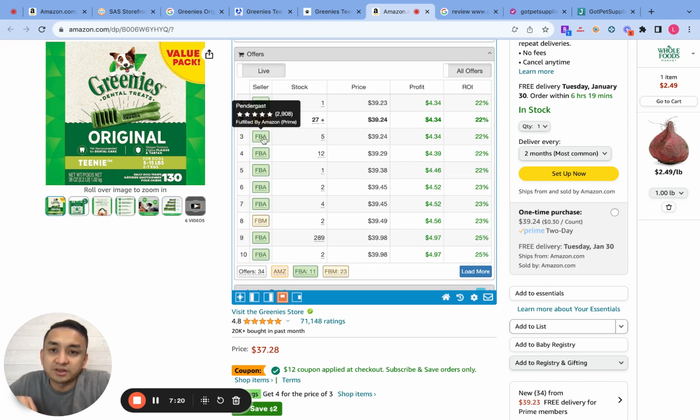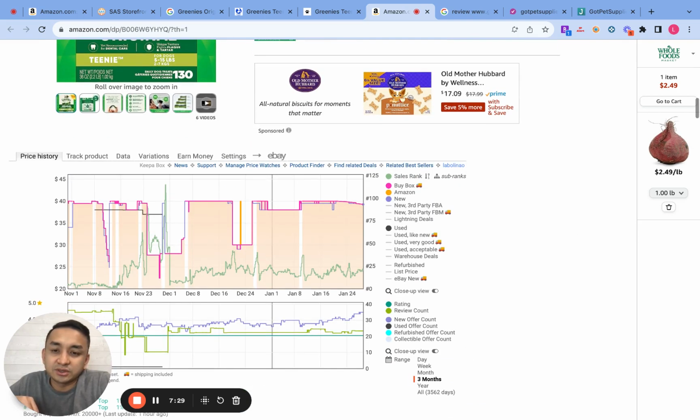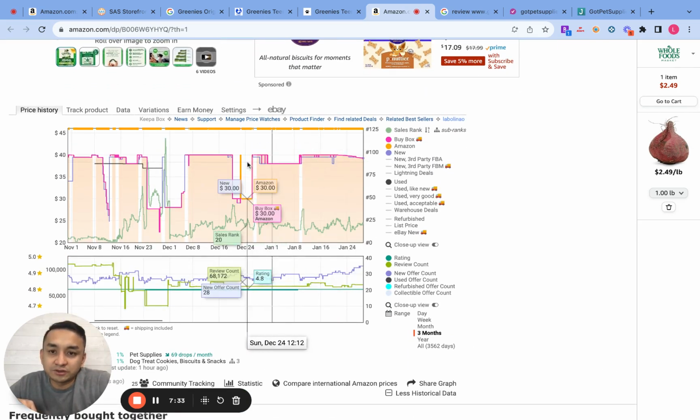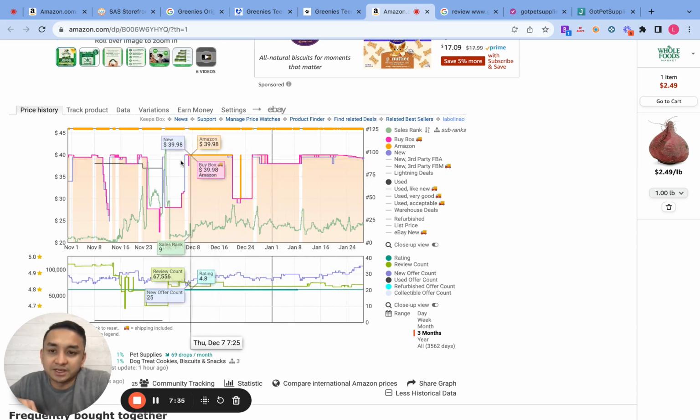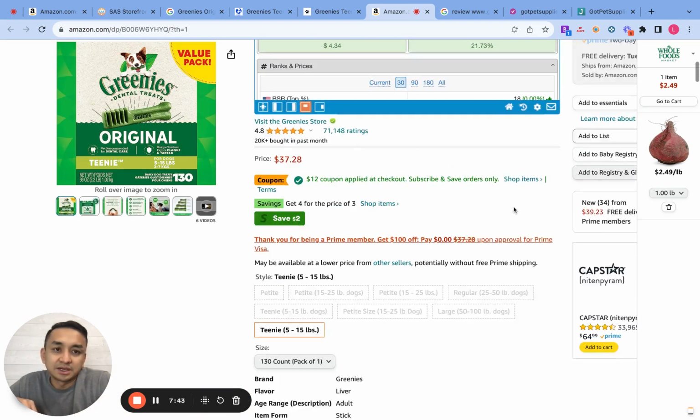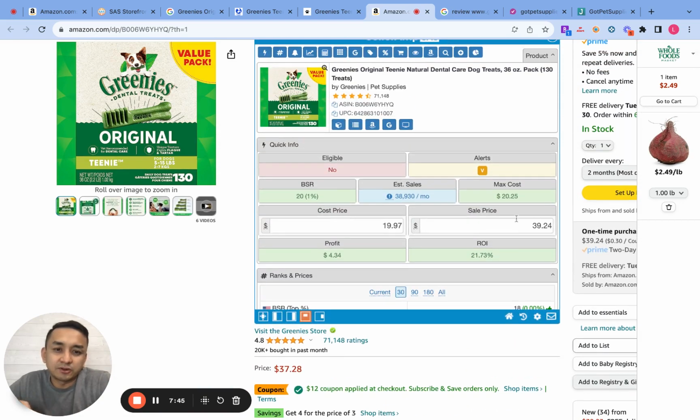And these are all the sellers. Okay, looks good. And then if we look at the Keepa chart, the only concern really is that Amazon is on the listing, and they had a history of dropping their price to like $30. So if you type in $30 here, it's going to be negative, right?